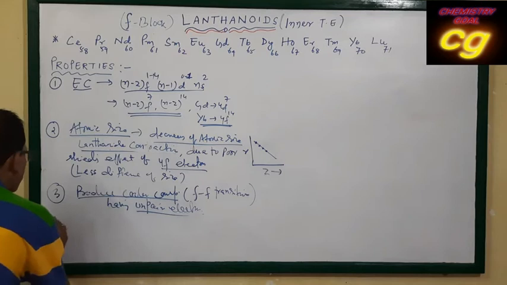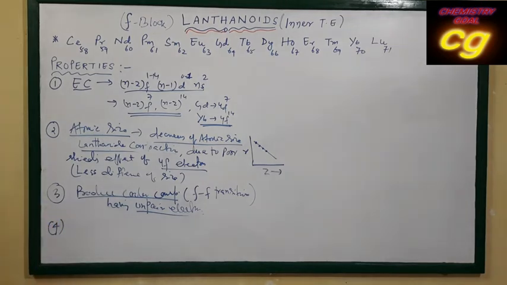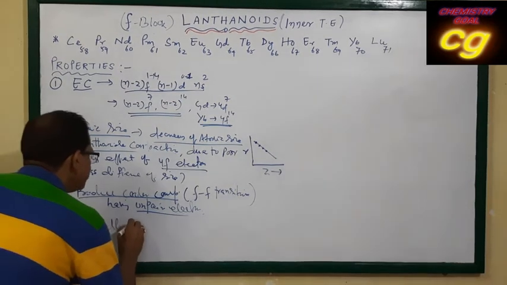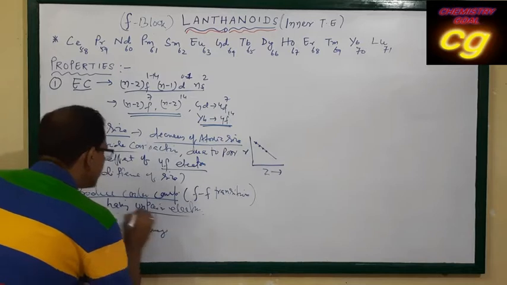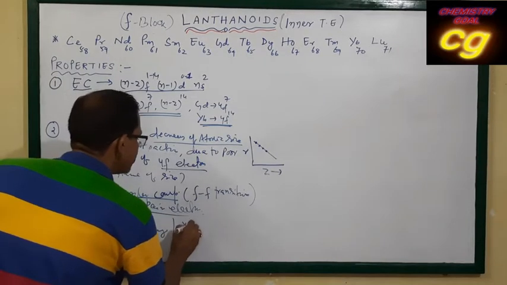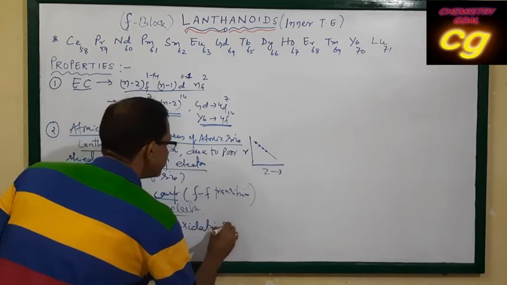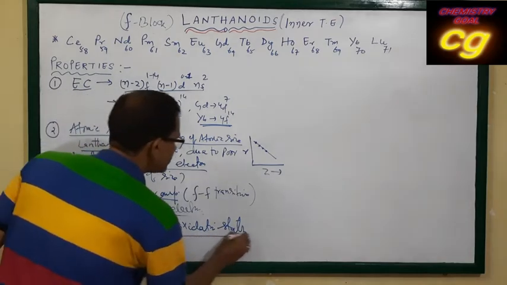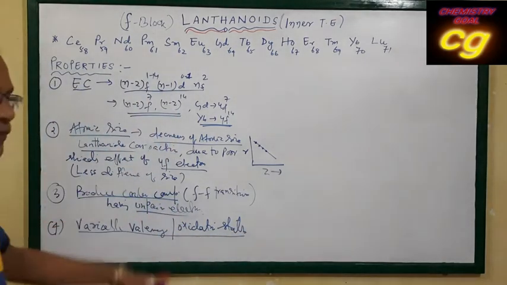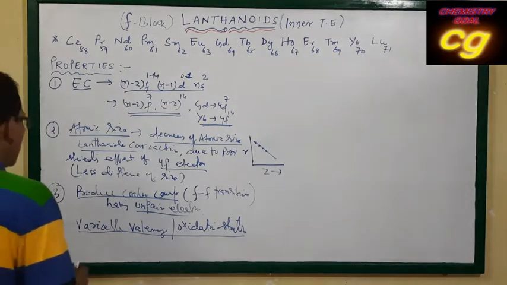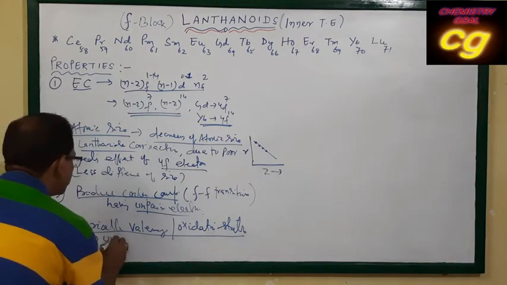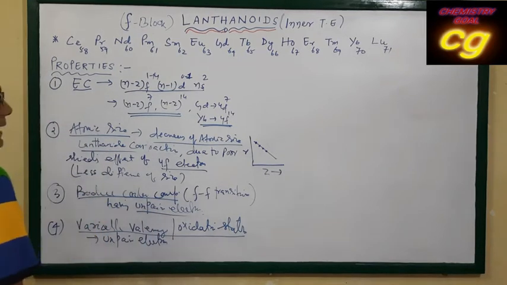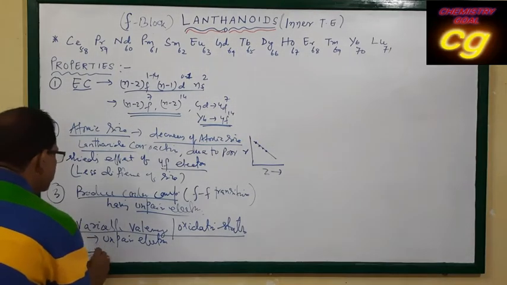Another important property of lanthanides is variable valency and oxidation state. Both variable valency and oxidation state, they show. What is the cause of variable valency? Having unpaired electrons and vacant orbitals.